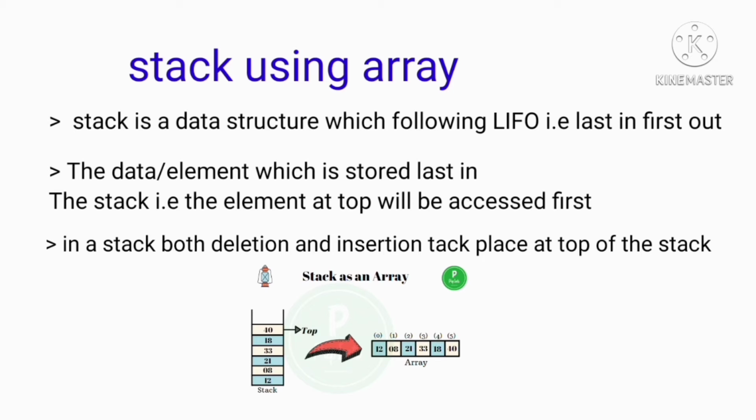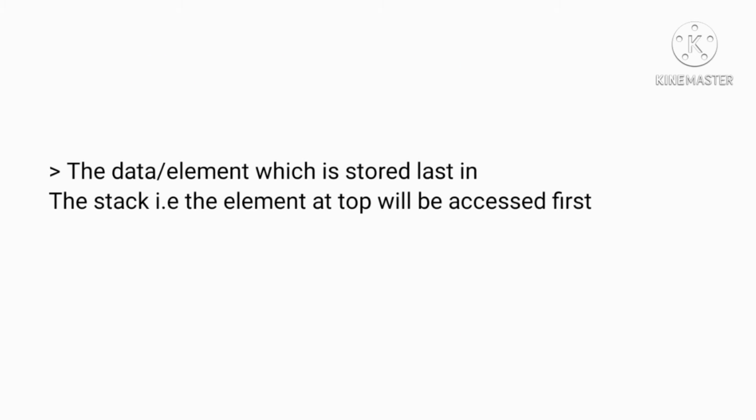So in the stack 6 elements are there. The first element is 12, next 8, next 21, next 33, next 18, next 40. Then 40 is the top element. As well as in the array, I already told you the array starts with index 0. So at the 0th index I will add the element 12. Next 8, next 21, 33, 18, 40, like that.